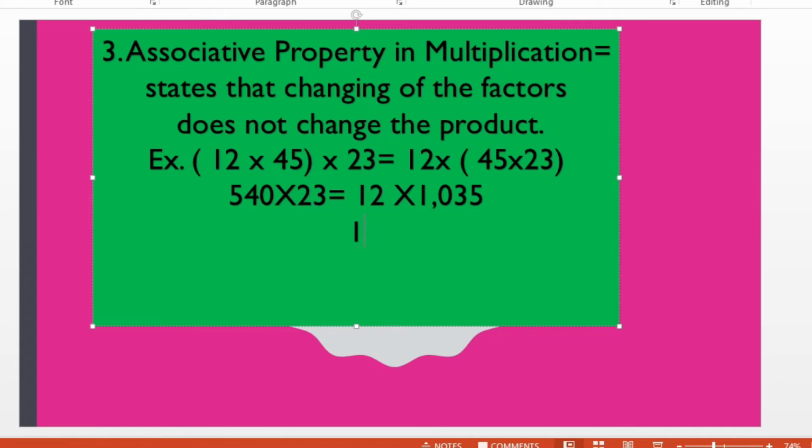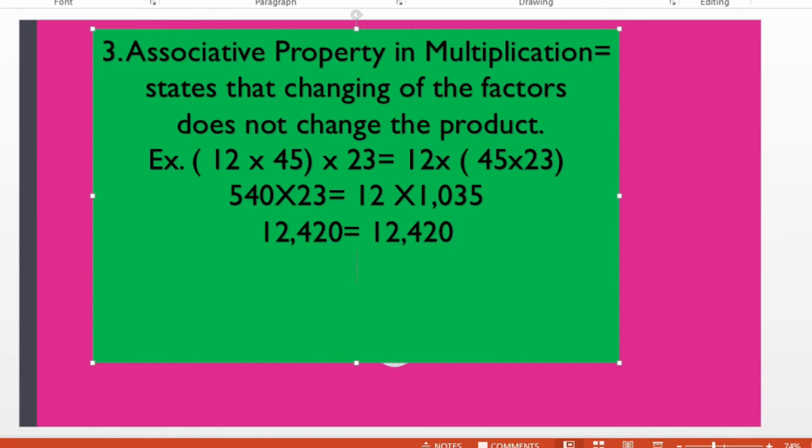So the answer is 12,420. So equals po. So then 1,035 times 12. So the answer again is 12,420. So the answer is the same.